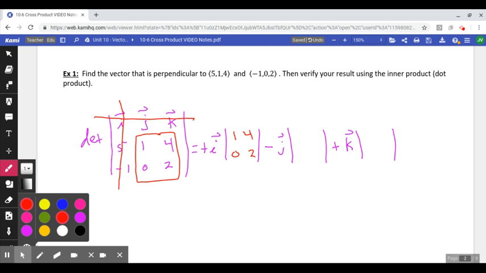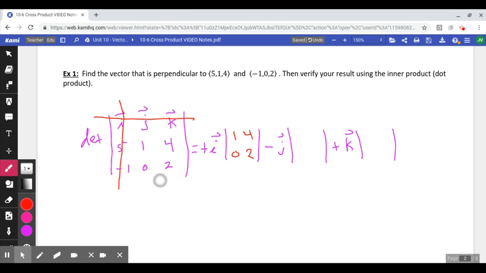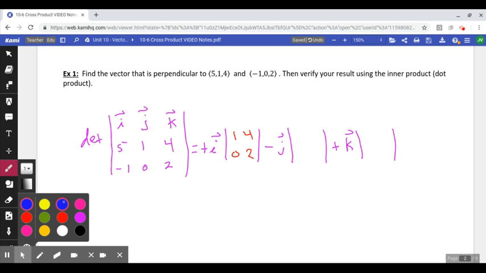Let's see here if I can erase this line, and this line. And then we'll change colors here for j.